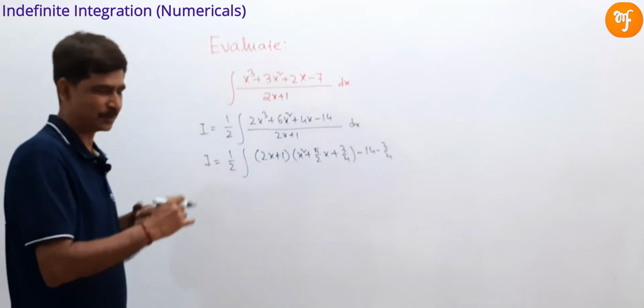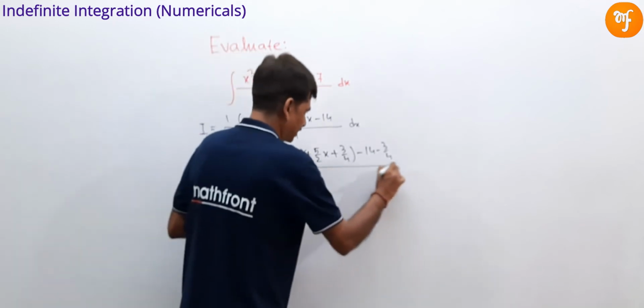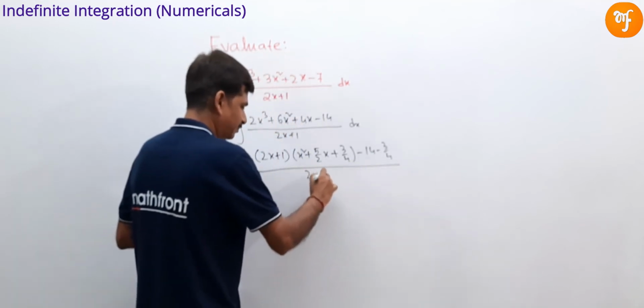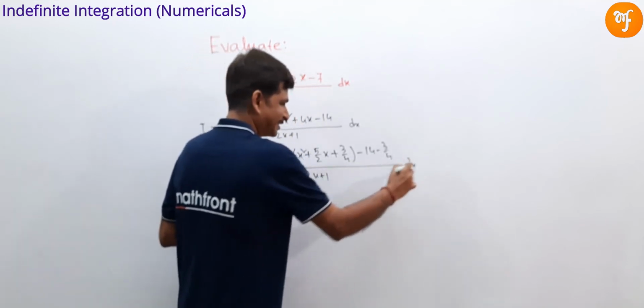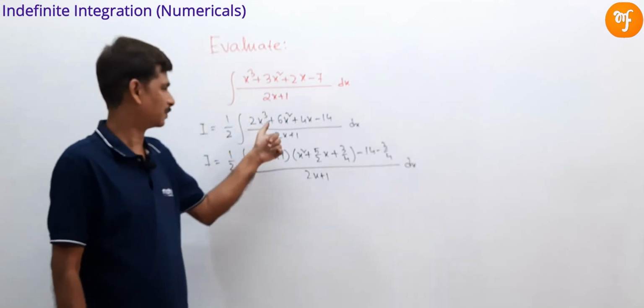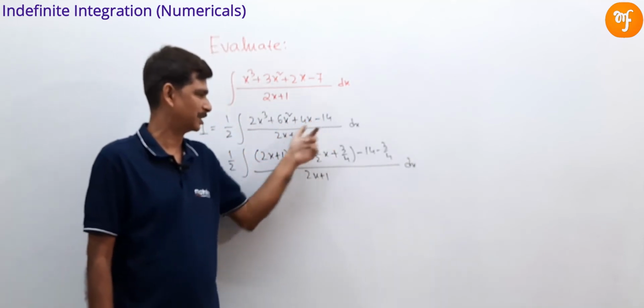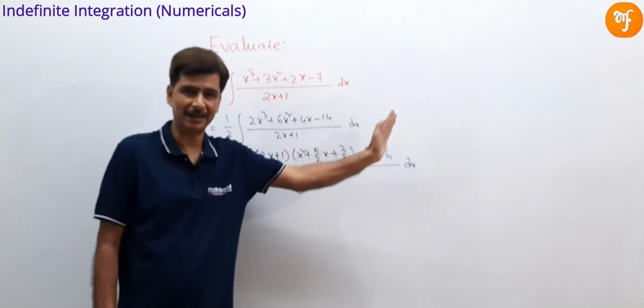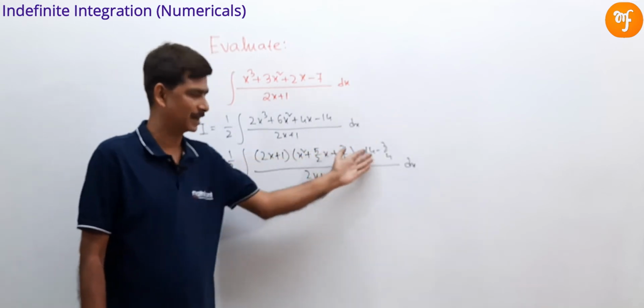So at the numerator we will get this, and at the denominator we will get 2x plus 1 dx. Just divide 2x cube plus 6x square plus 4x minus 14 by 2x plus 1 in rough, and we will get this at the numerator.